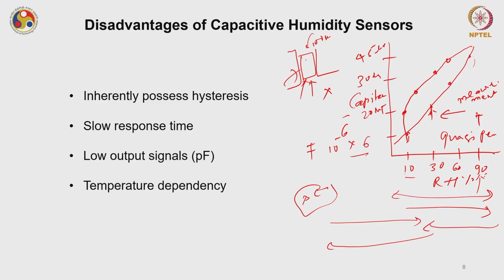Also, you are basically discussing the change in charge as compared to other electrical parameters, current or voltage. Then these devices are very temperature dependent. If you elevate the temperature, these things will start behaving differently, because 90% RH at room temperature will have a different property to absorb water molecules as compared to 90% RH at, say, 50 degrees Celsius.